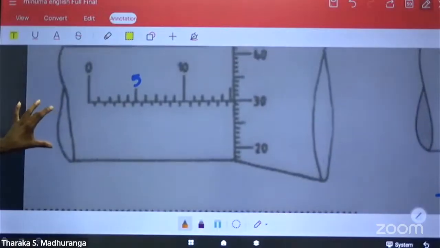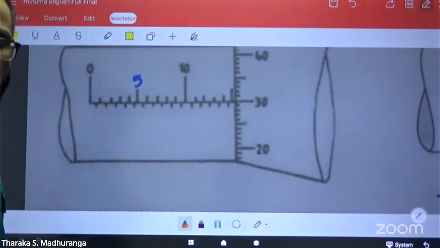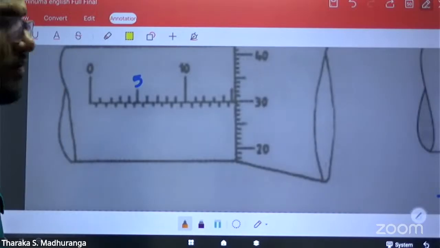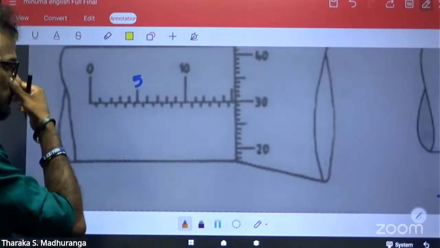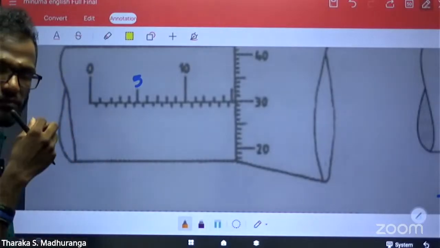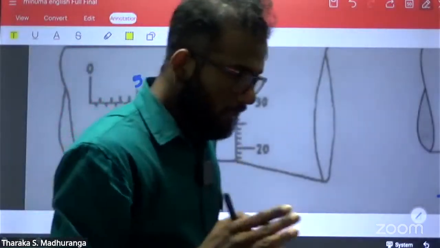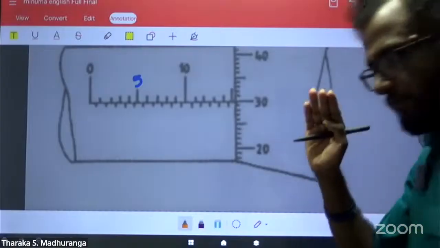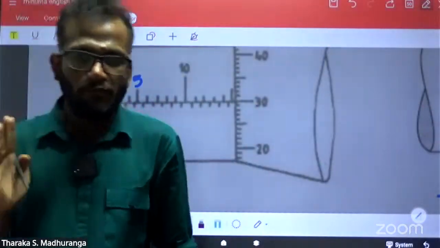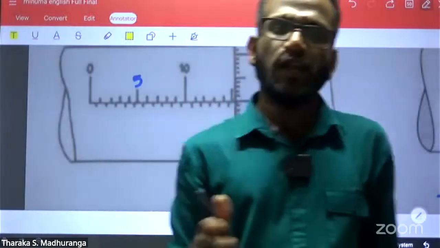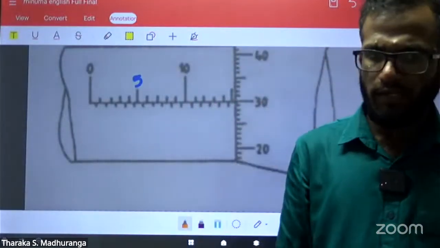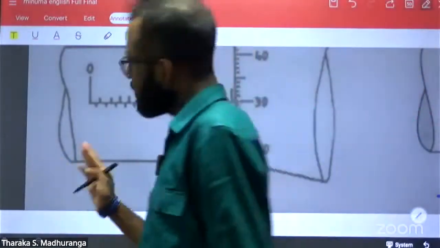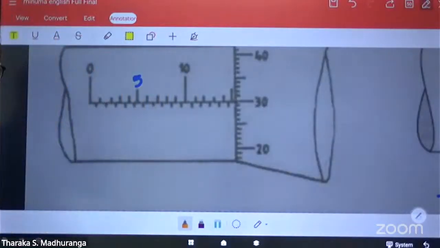Very good. Others? Take time and think what the steps are. Go step by step now. First, you need to practice step by step. Then after that, without the steps, you can read.